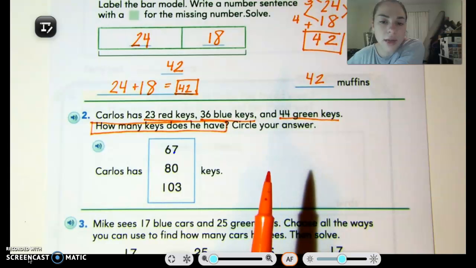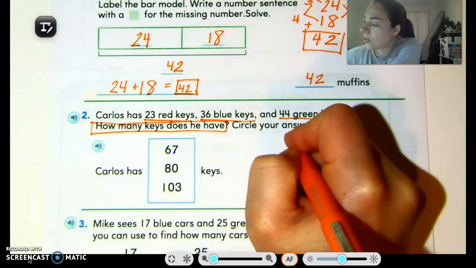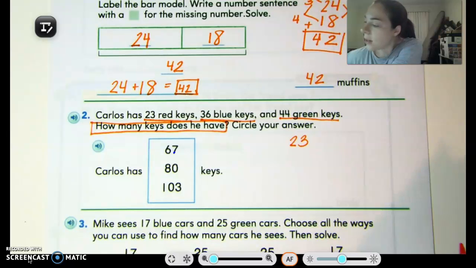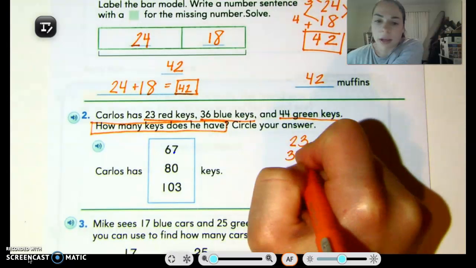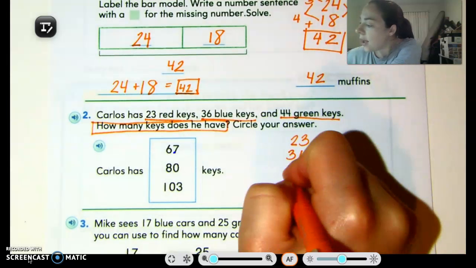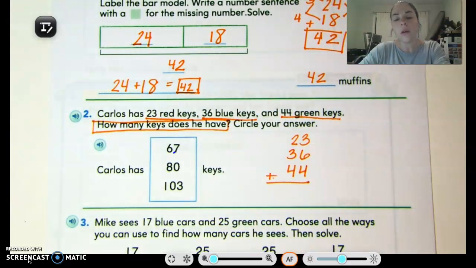So how can we do that? Well, one way is to do vertical addition. We're going to line up those numbers. Make sure we line up those ones and tens. And we're going to add our 3 addends. Okay. So I'm looking at my ones.